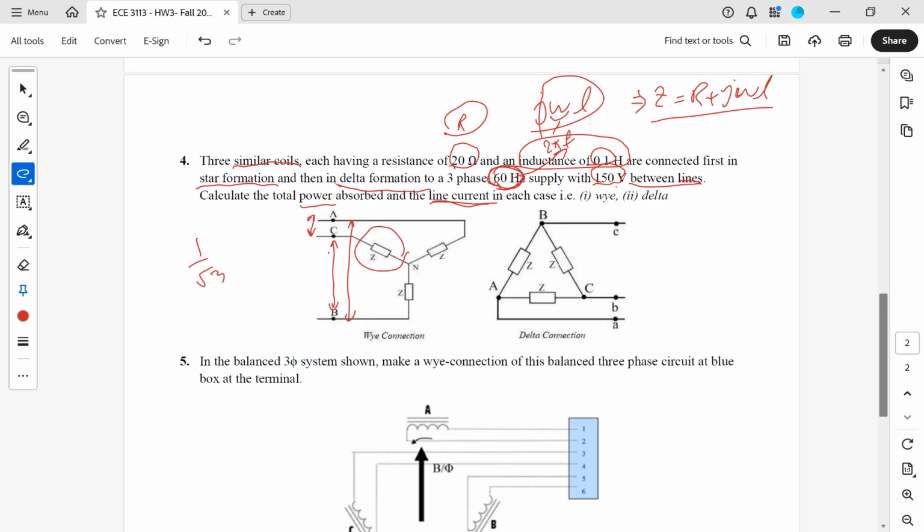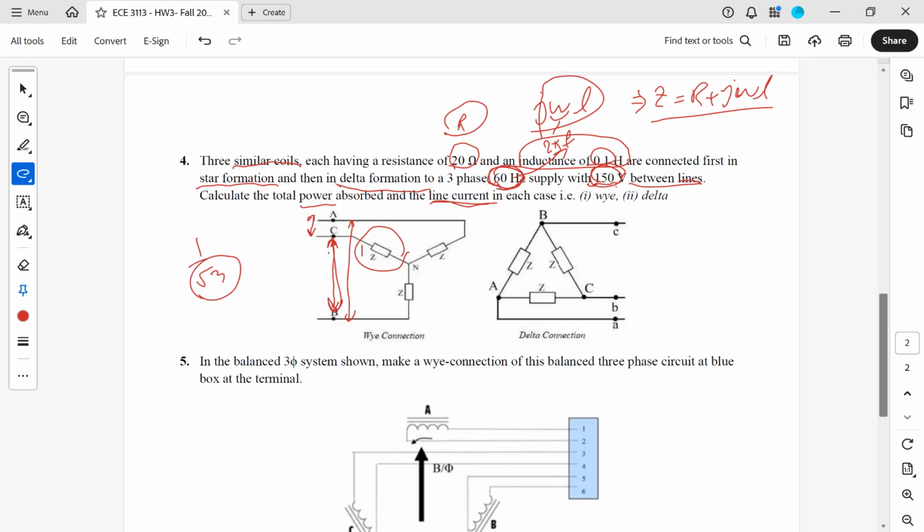So the voltage that each impedance experiences across it, in amplitude, is going to be 150 volts divided by square root of 3. And for the phase angle, let's assume this line is the reference, so 0.